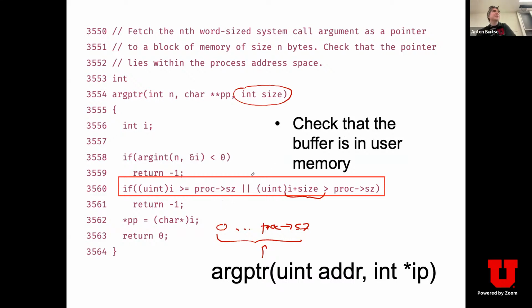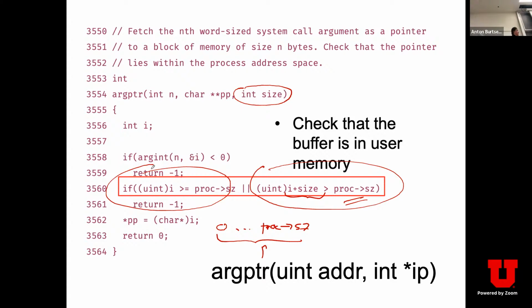Yeah. But I'll ask you a different question before answering yours. I apologize. Why not just this check? Because it checks that i plus size is less than proc->sz. So why do you need this second part of this check?